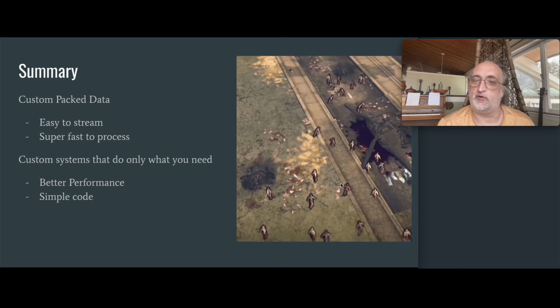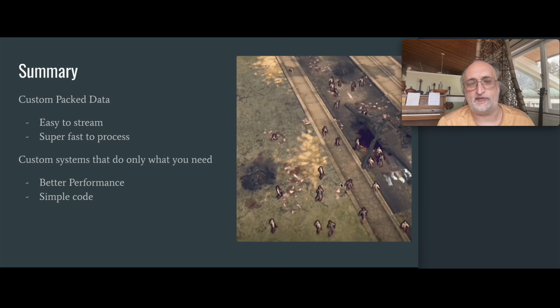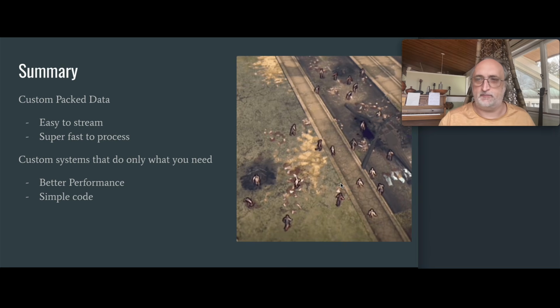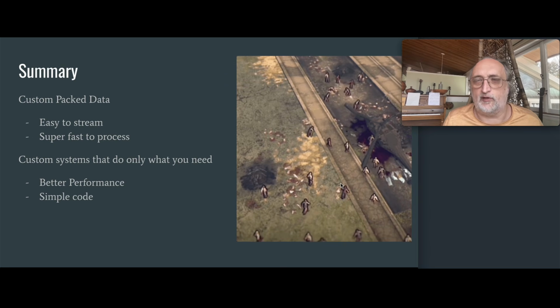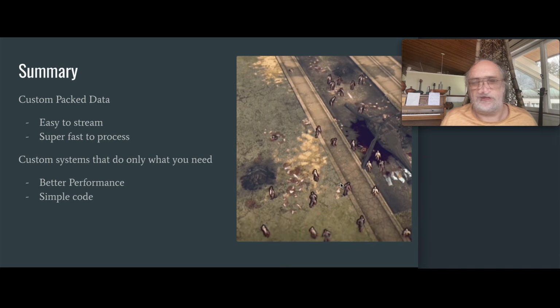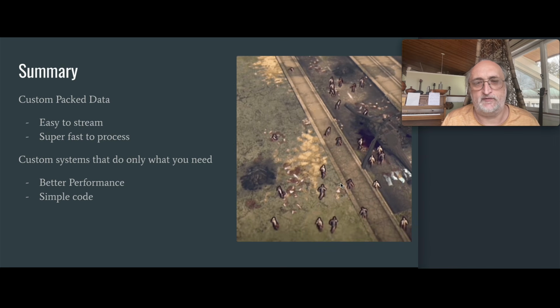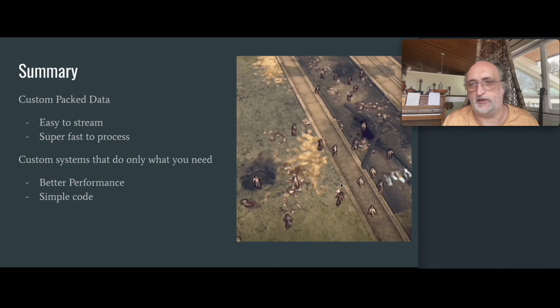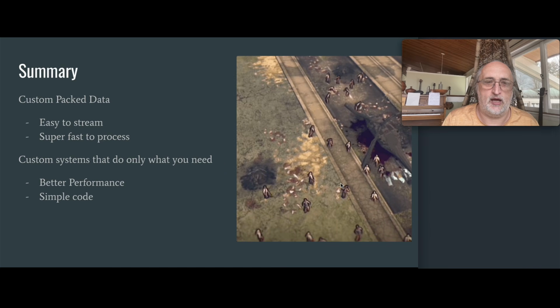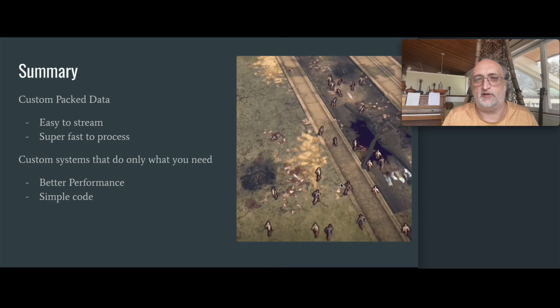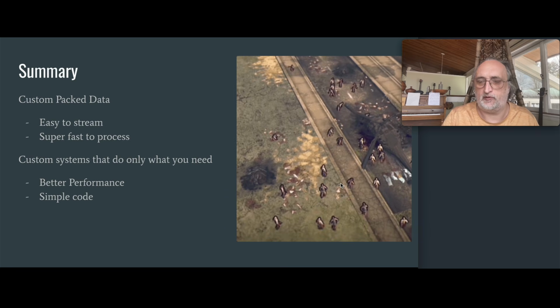And you can write simple code because it only has to do what it needs, not some future thing that it might need one day. All of that kind of stuff is slow. And so this is how you get massive numbers of zombies and birds and buildings. And we were drawing 10,000 objects on a frame because it was all simple and customized and used small data.